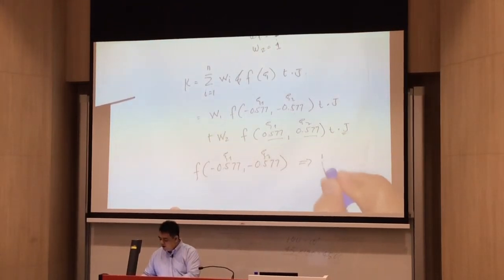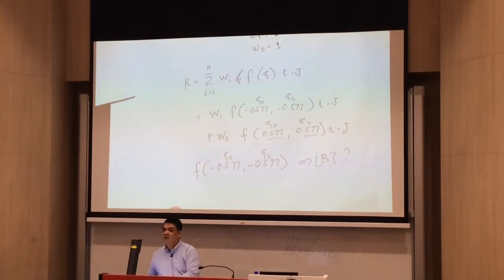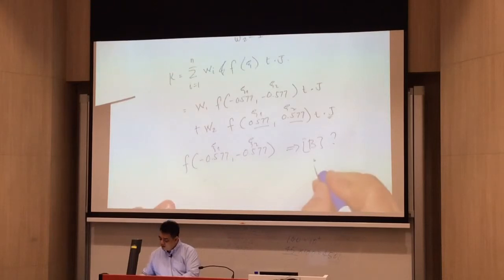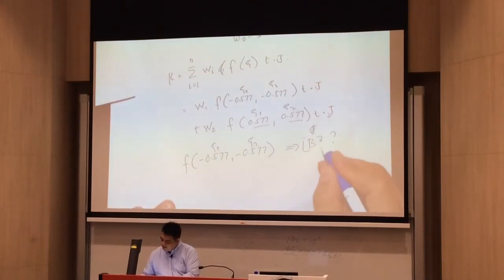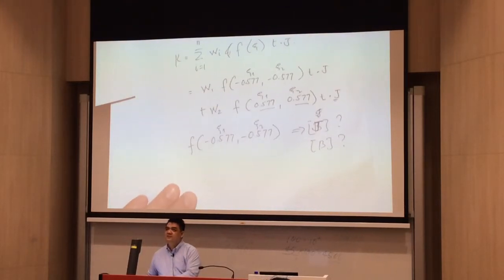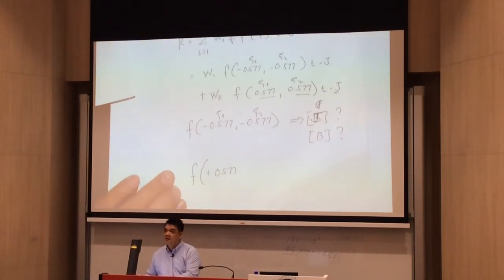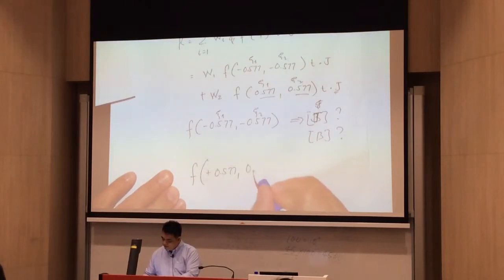So what will be your B? What will be your Jacobian? Sorry. I'll start with the Jacobian. What will be your Jacobian? What will be your B? If you have your C1 and C2 to be 0.577, so this will be C1 and C2, what will be your Jacobian?